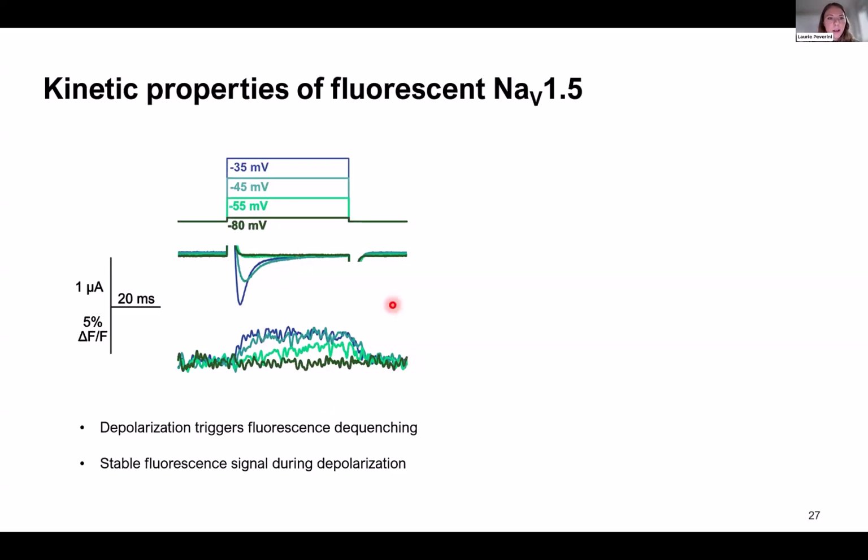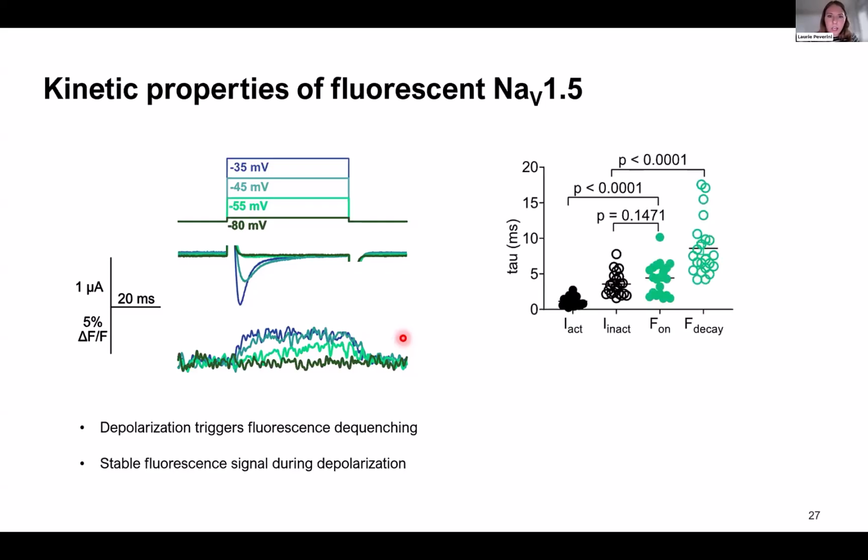Then with this recording, we have quantified the kinetics of activation, the kinetics of inactivation, and the onset and offset or decay of the fluorescence. We have done that by mono-exponential fitting of recordings at minus 30 millivolts. And it has led us to see that the fluorescence onset was slower than channel activation, as you can see here also.